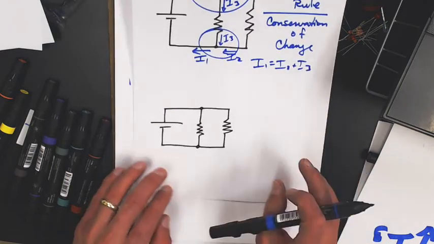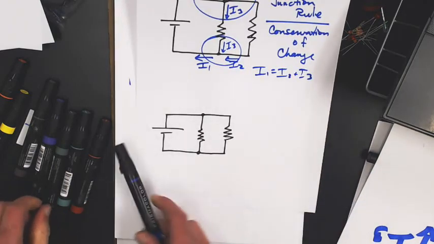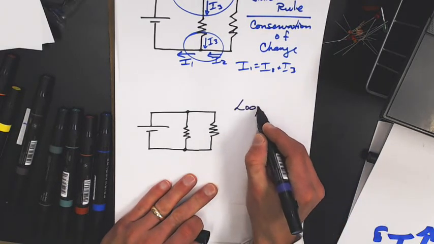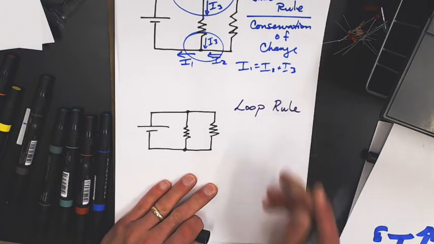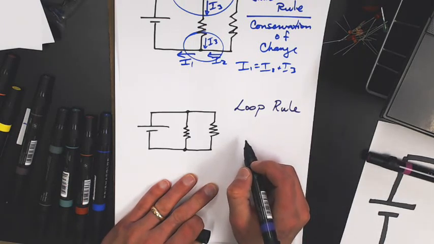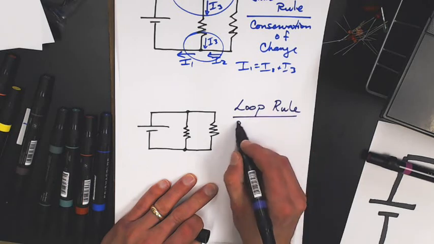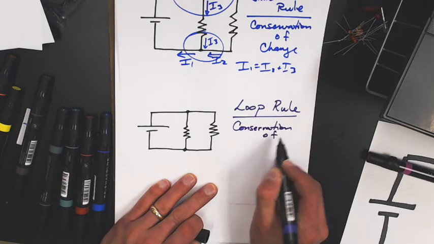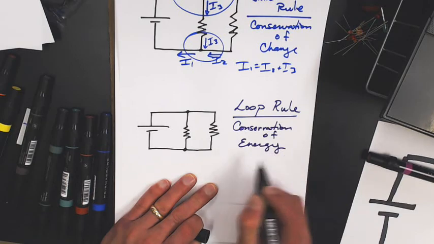The other rule is conservation of energy. This is called the loop rule. And we kind of know this one already as well. This is conservation of energy.